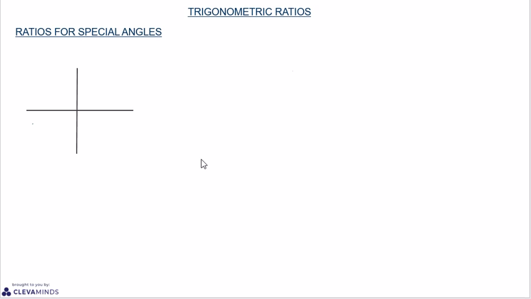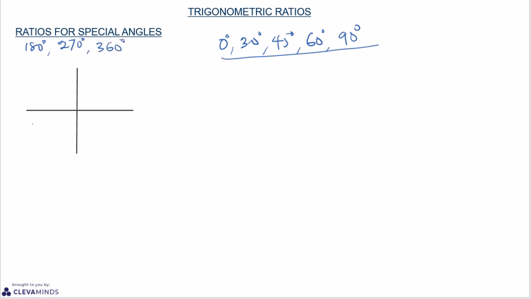In other sections, we've seen 0 degrees, 30 degrees, 45 degrees, 60 degrees, and also 90 degrees. These are the ones we've considered in previous sections. In this section, we'll be looking at 180, 270, and 360.